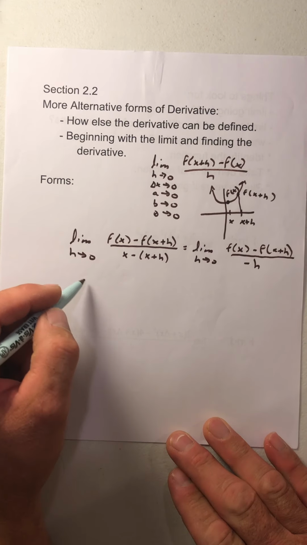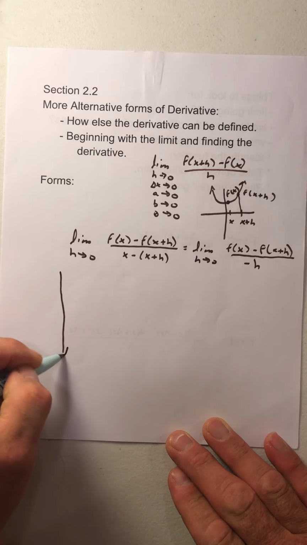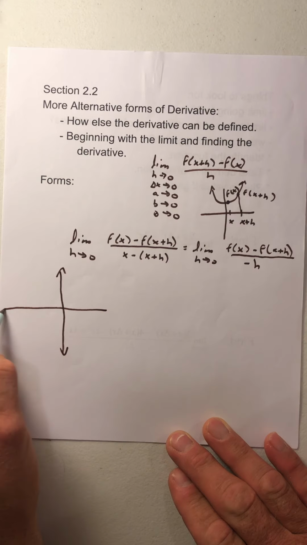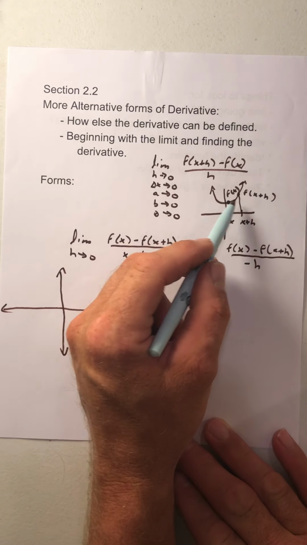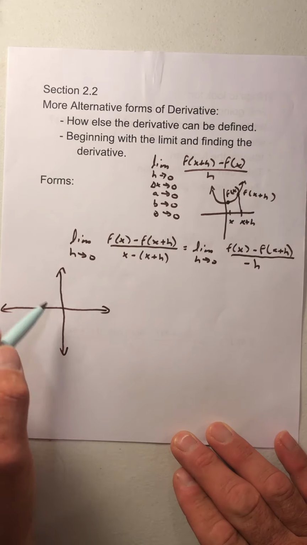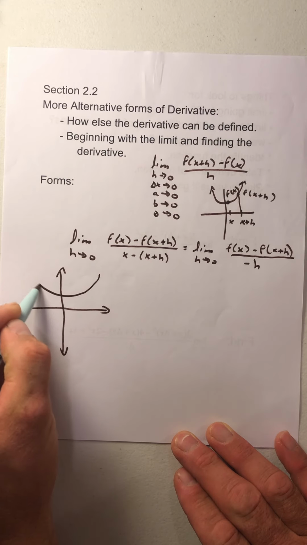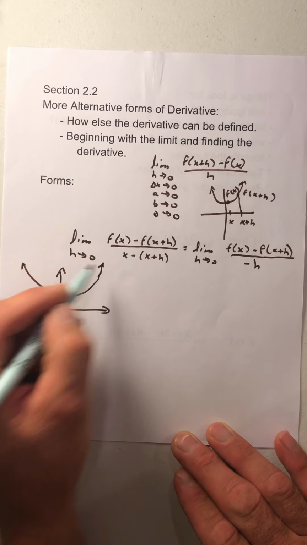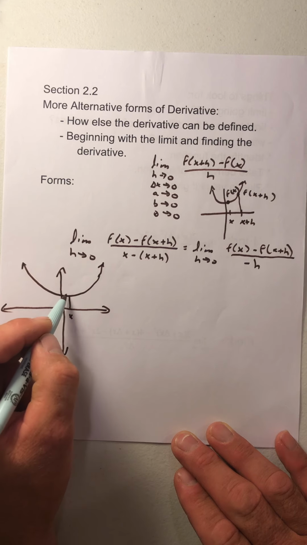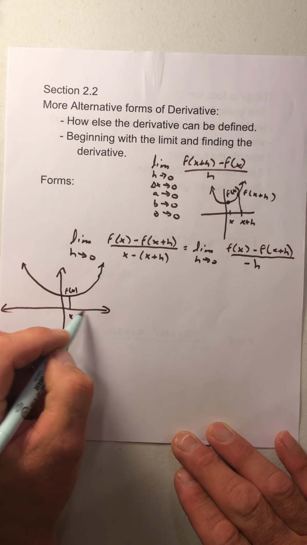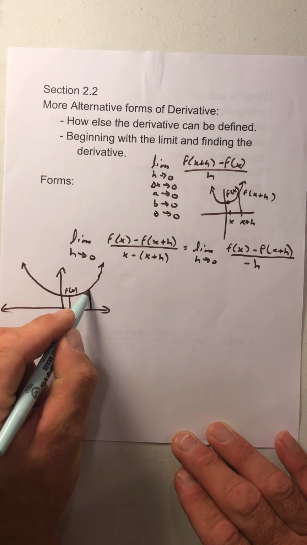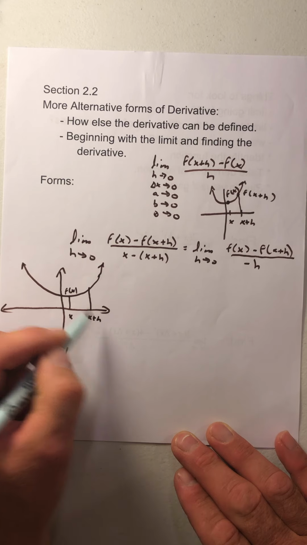Well, what happens if we take this graph and we do some other things with it? Remember, we're always looking for a secant line to become the tangent line. So I'm going to draw out a nice graph here. What happens if our x was here? So that's our f of x. And I brought over an h value, so we get x plus h.